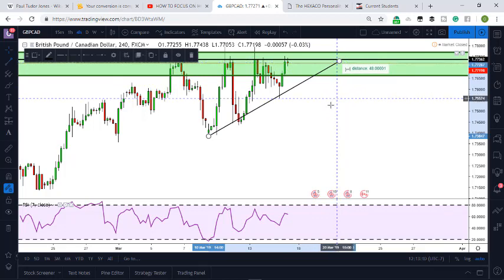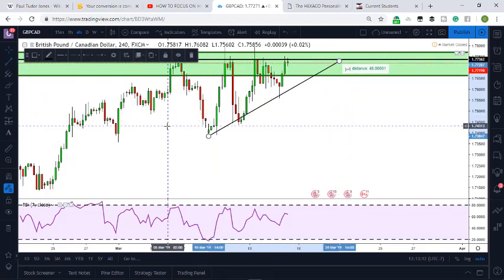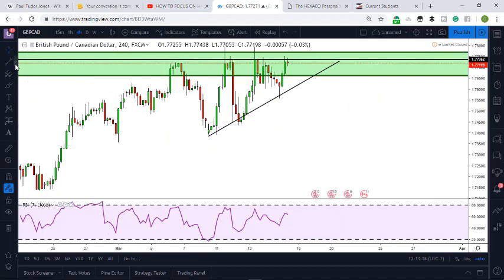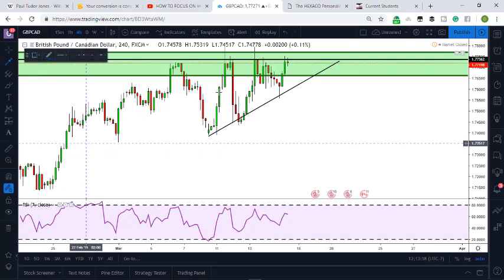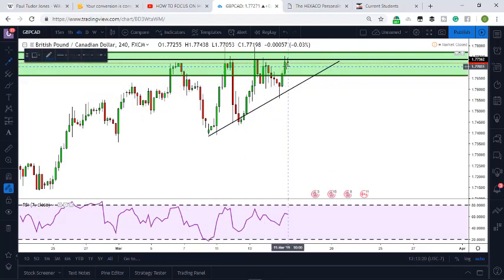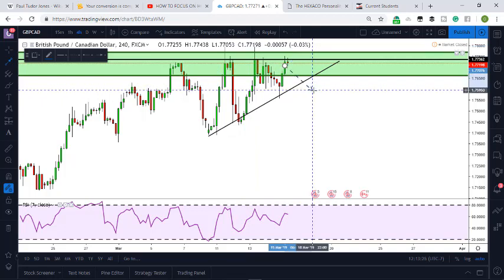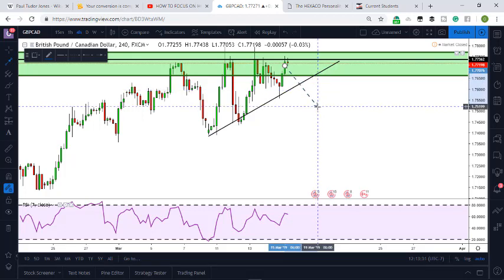With a wedge pattern, we're expecting to get a breakout either on the upside or the downside. Whichever way we get a breakout, we will be hoping to continue with that move. Now, we do have a bearish divergence on the 4 hour and on the daily time frame.